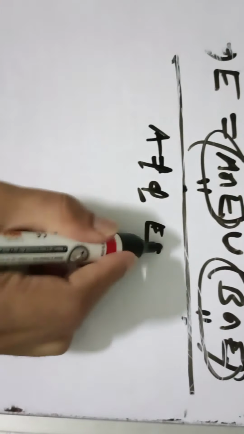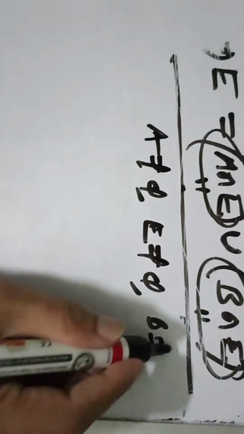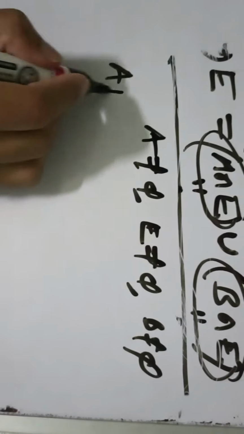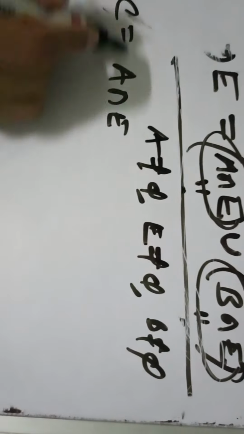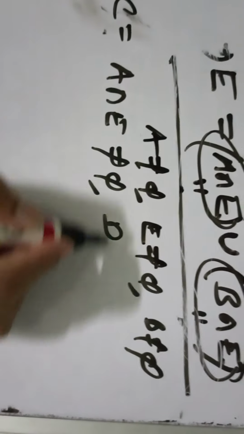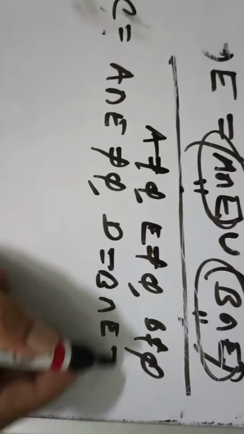Okay. Also, since A is non-empty, E is non-empty, B is non-empty, this gives that A intersection E, which is C, is also non-empty. And D, meaning B intersection E, is also non-empty.